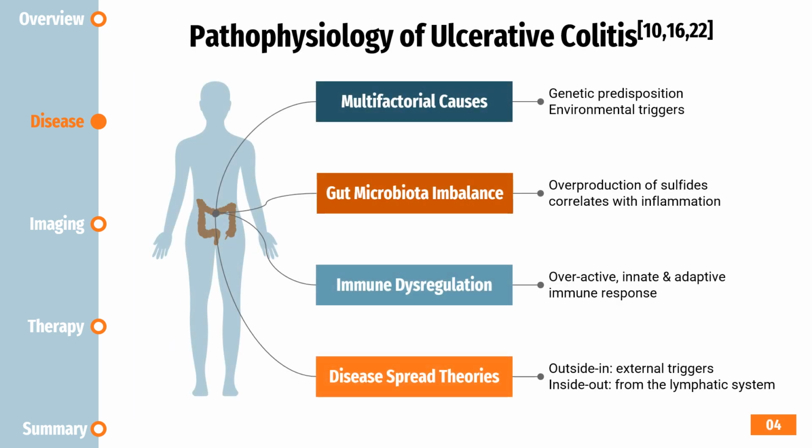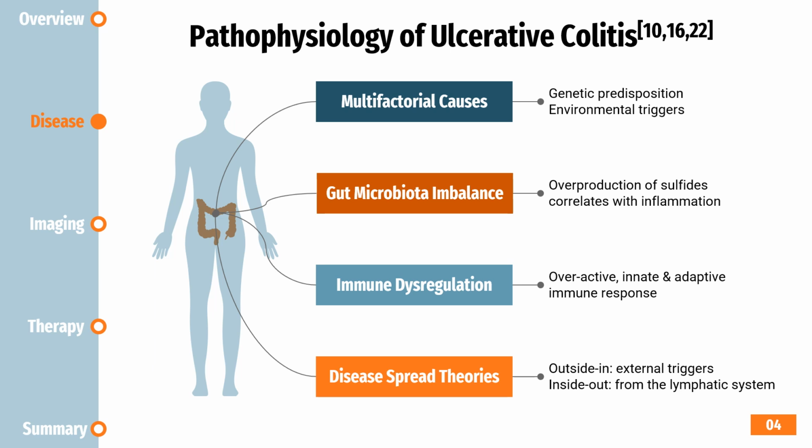The exact cause of UC is not fully understood but is believed to be multifactorial, involving a combination of genetic predisposition and environmental factors. That said, individuals with a family history of UC have a higher likelihood of developing the disease. While the precise mechanism of mucosal destruction remains unclear, some theories and correlations have been proposed.